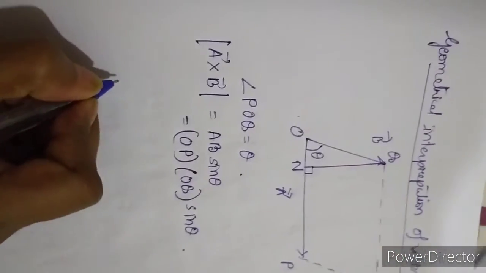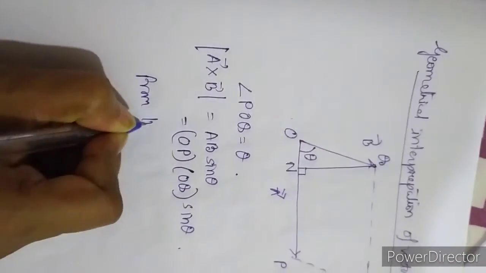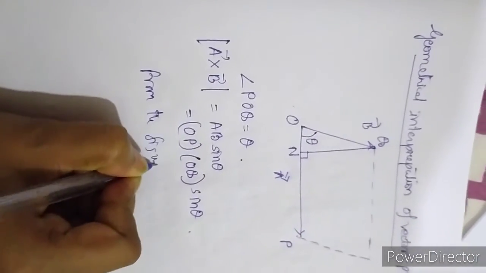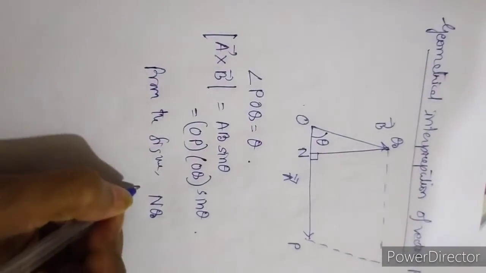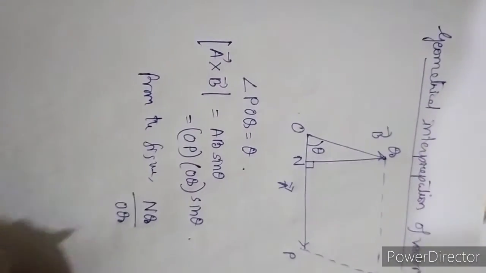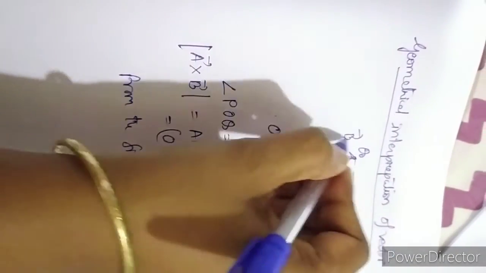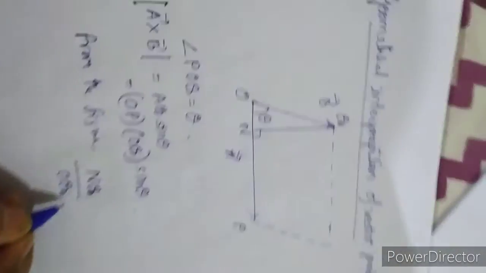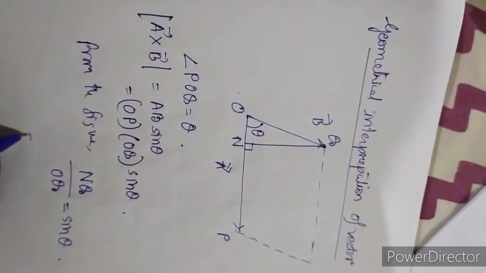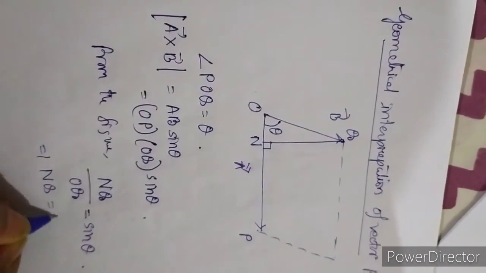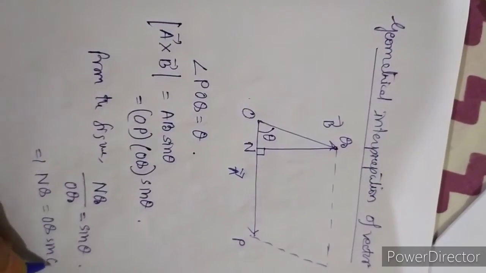Now from the figure, NQ divided by OQ, this is the perpendicular and this is the hypotenuse. Perpendicular by hypotenuse is nothing but sine of theta. So can I write from here NQ is equal to OQ sine theta? Yes.